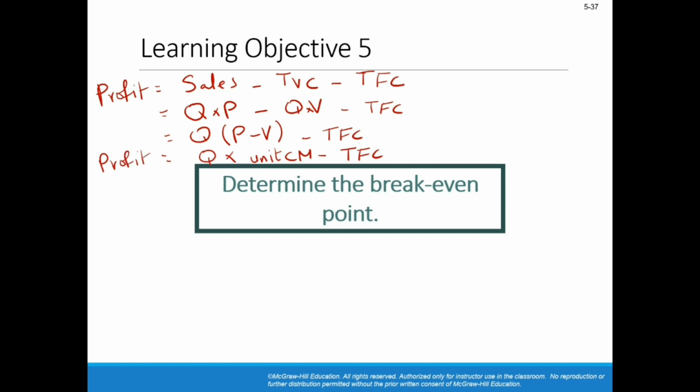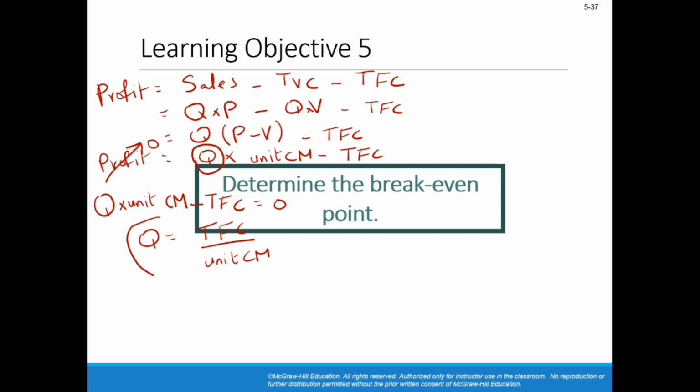Now, if I ask you what is the required number of units that need to be sold so that you can get a profit of 0, all you need to do is replace this profit with a 0 and solve for Q. So this means that Q multiplied by unit CM minus total fixed cost is equal to 0, and therefore Q is equal to total fixed cost divided by unit CM, simply rearranging the whole thing.